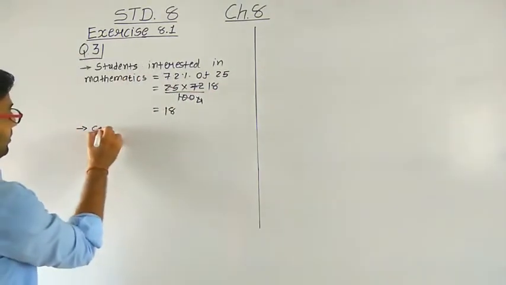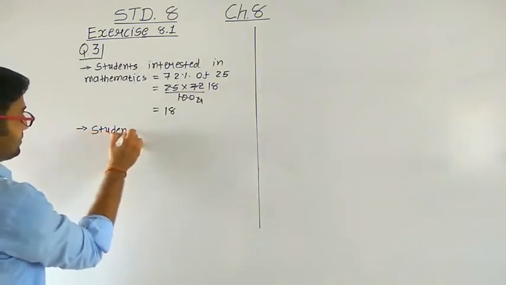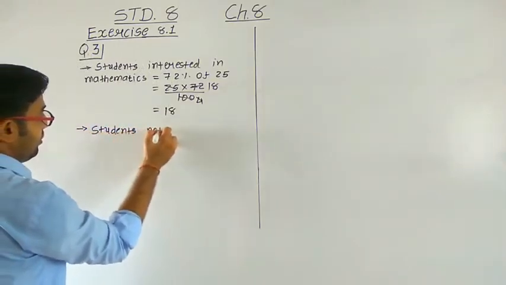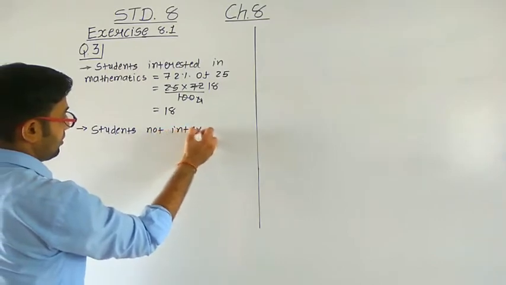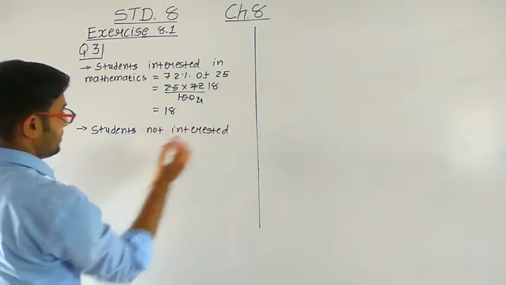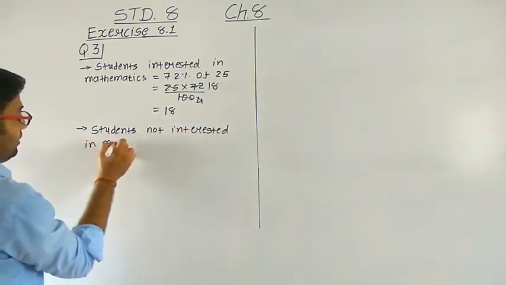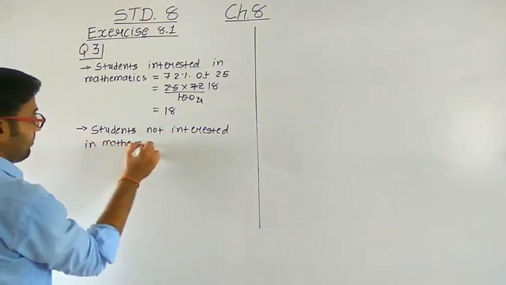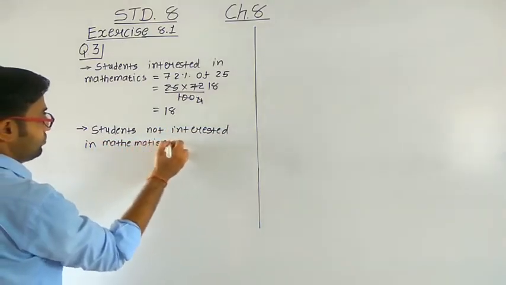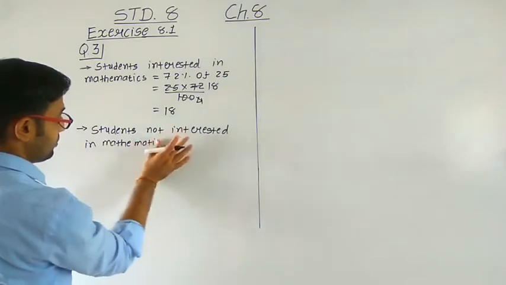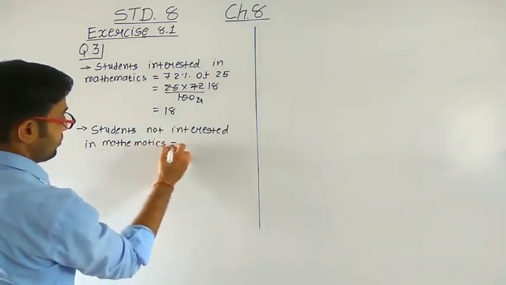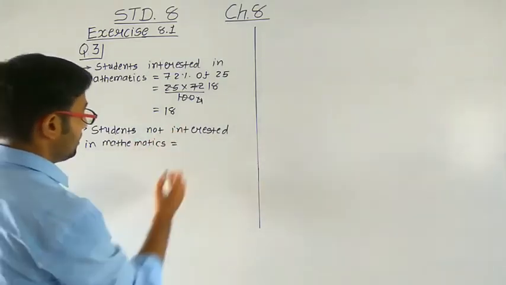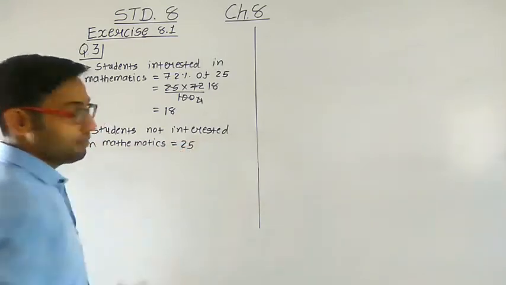So here we can write that students not interested in mathematics is equal to total students minus students interested in mathematics. How many students are there in total? 25.